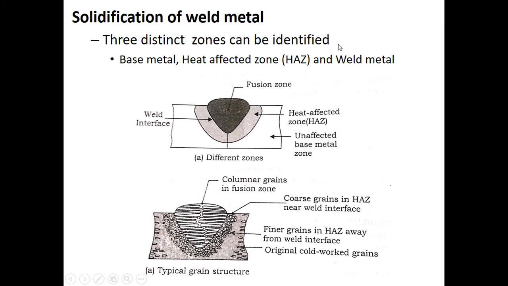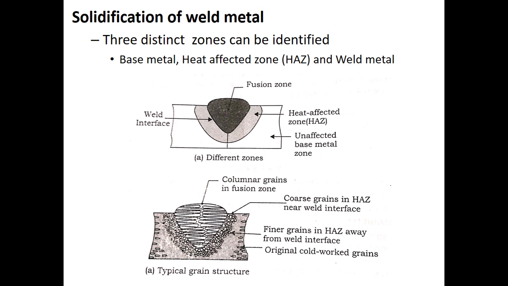Now when you are dealing with the welding process, it's very important to understand the solidification of weld metal. Actually, there are three distinct zones that can be identified in a welding process.